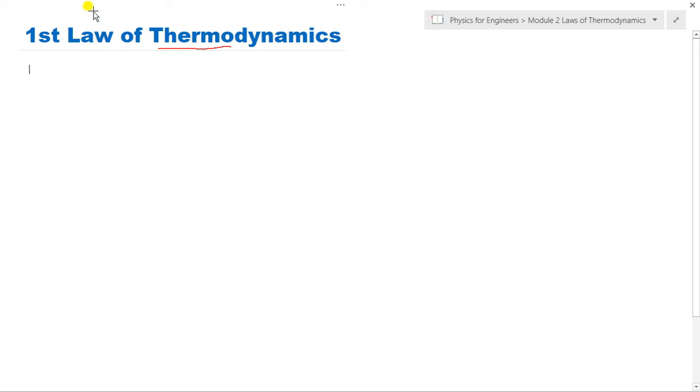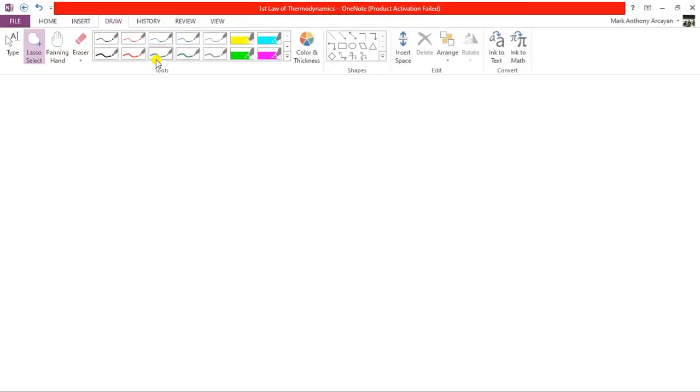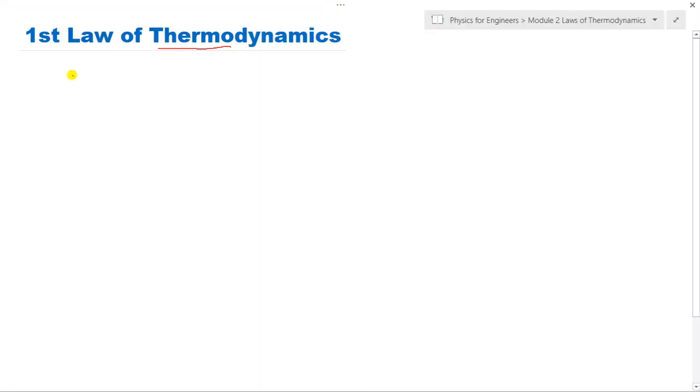You just replace K by N. For a polytropic process, just use PV raised to N is equal to C. And then of course, the work here is 1 over (1 minus N) times (P1V1 minus P2V2).